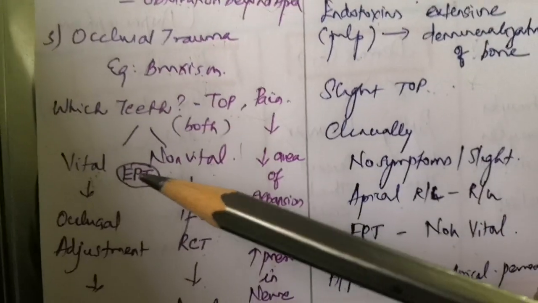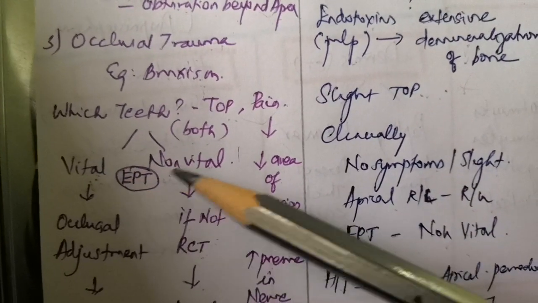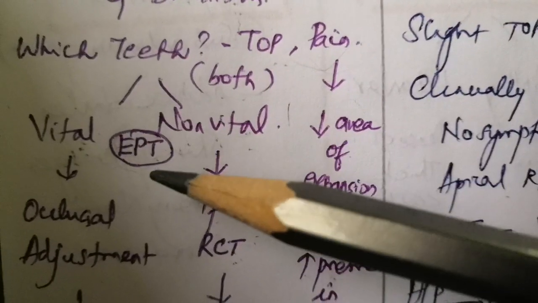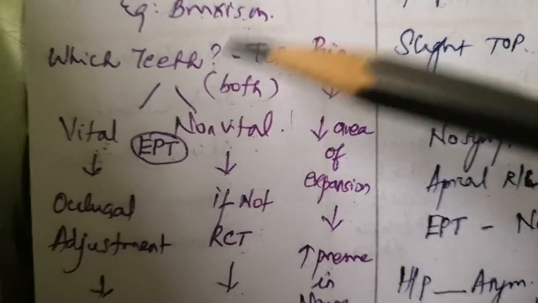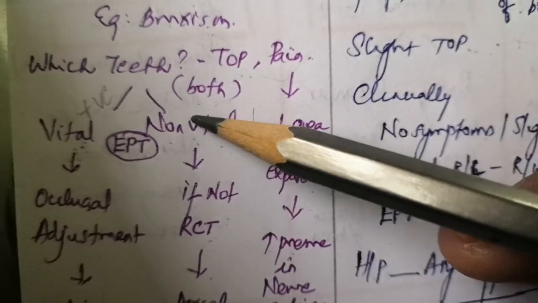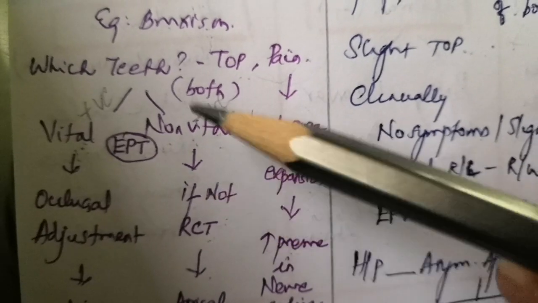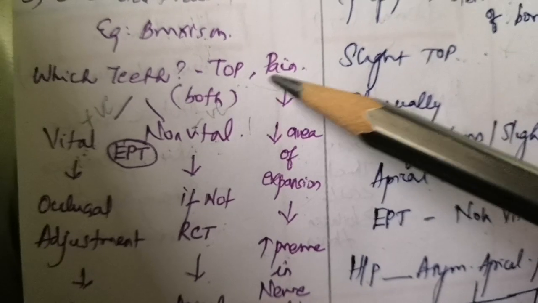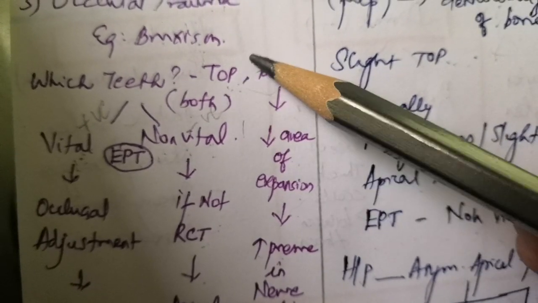The tooth can either be vital or non-vital, which will be found by electric pulp testing. We have to do an electric pulp test. When the electric pulp test is positive, it is vital; if it is negative, non-vital. Most symptomatic apical periodontitis cases will have a slight pain, and tenderness on percussion will be there.